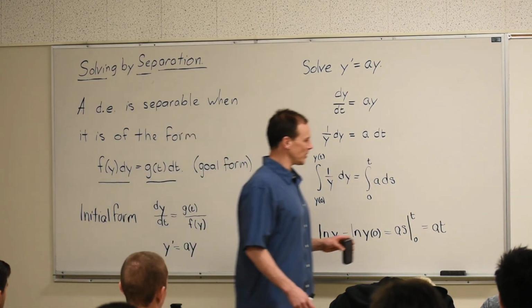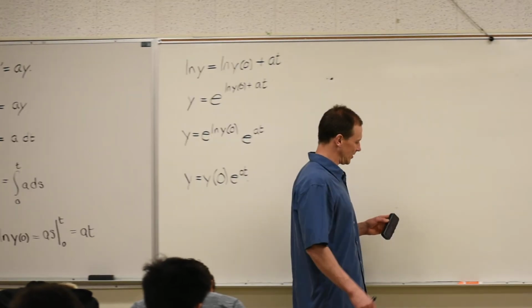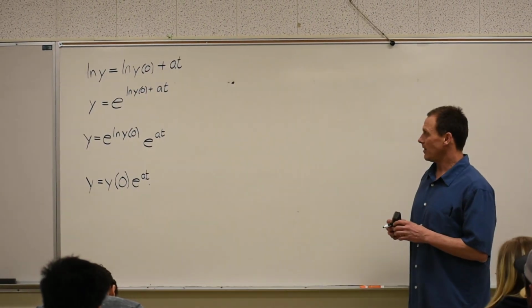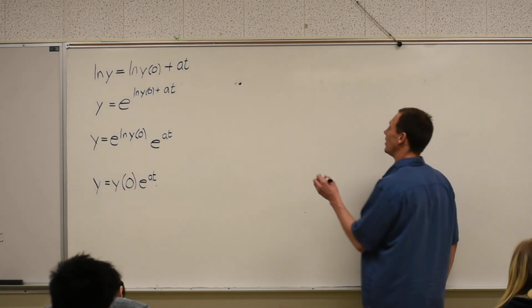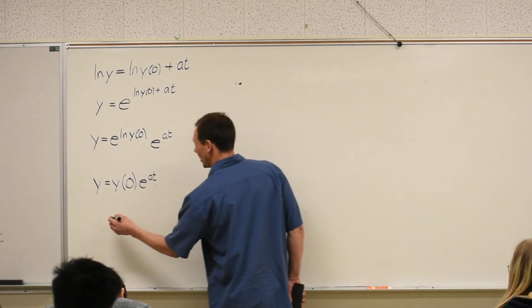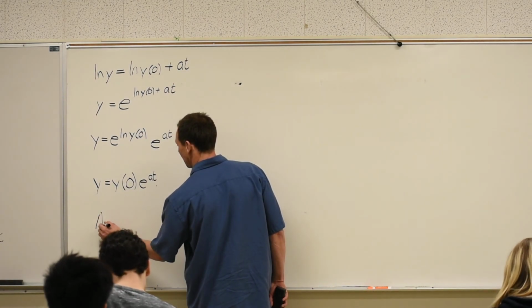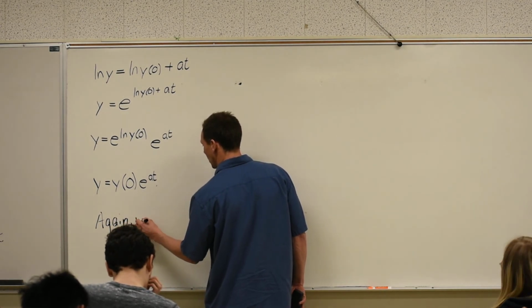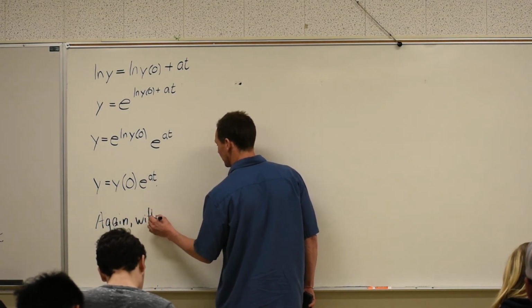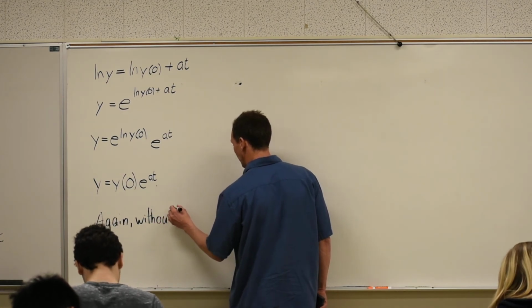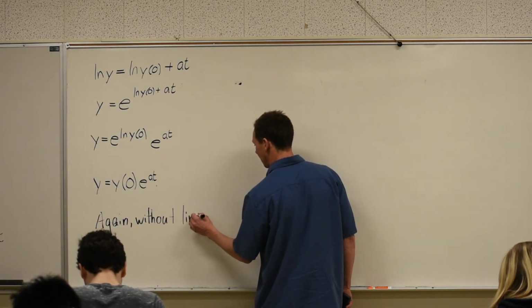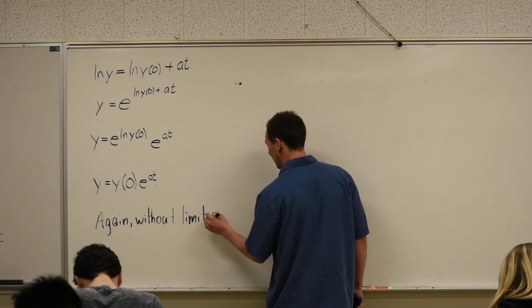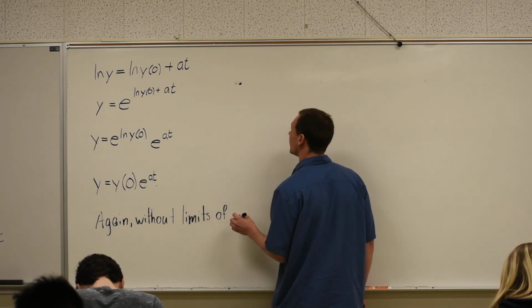But here's another way that you'll see this done, and you need to see it. And that is without the limits of integration. So let's do this again. I'm going to write this again without limits of integration.